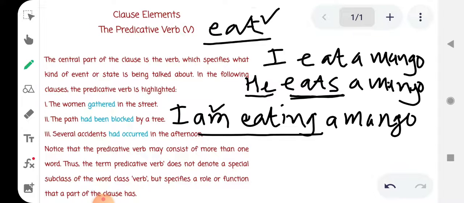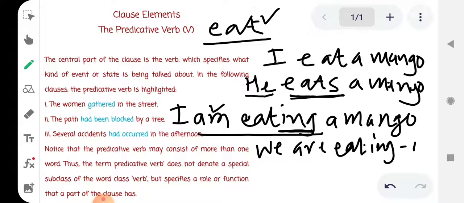It's present tense, progressive. Okay. We are eating a mango. Here it changes to are eating. He is eating a mango. Again there is a change.